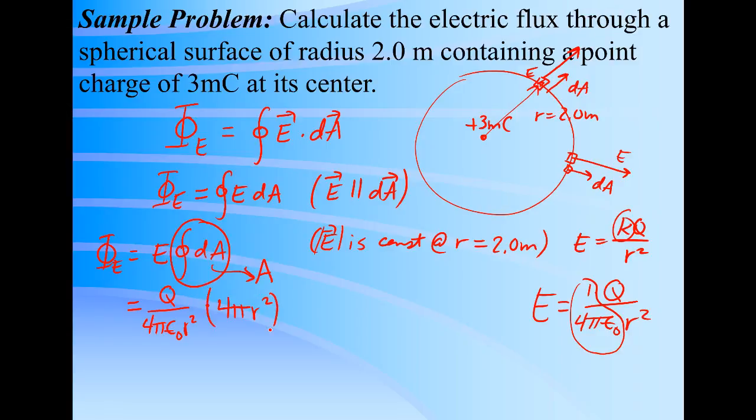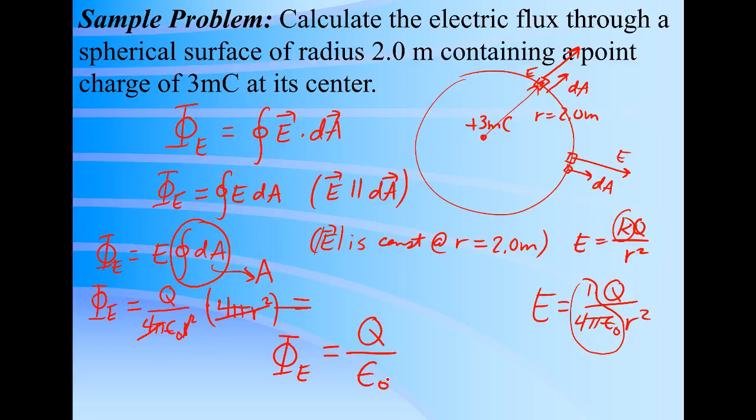That's what the integral turns into. And most of the time when we do flux, we're going to have a nice amount of cancellation because of symmetry. So the 4 pi r squared cancels out, and we get that the flux for this shape is equal to the charge Q over epsilon naught.